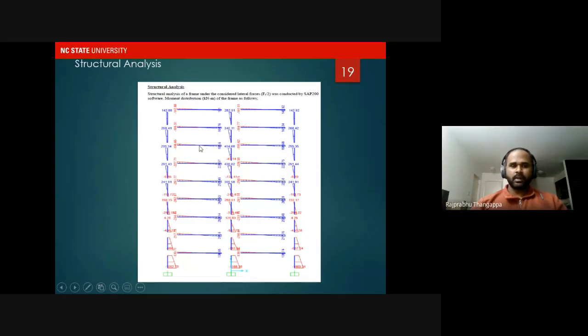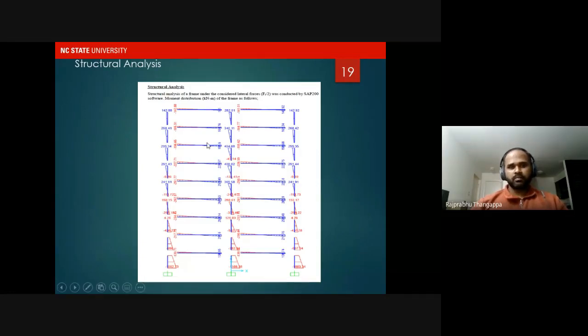So we have the area of the beam, we have the geometric properties of the column as well, and usually we assume 0.2 times the gross section stiffness of the beam for modeling purposes, and 0.5 times the gross moment of inertia for the column to model the beams and columns.